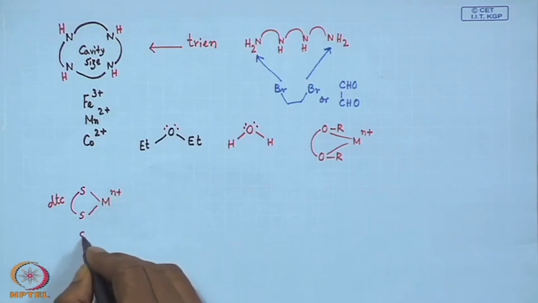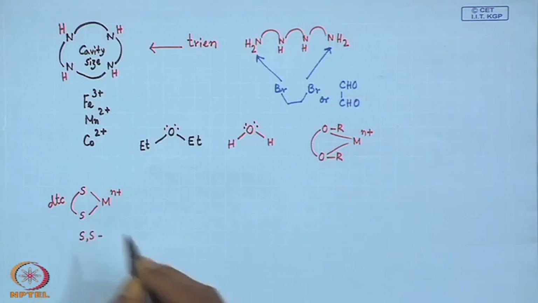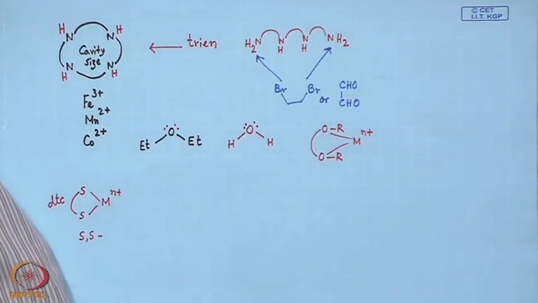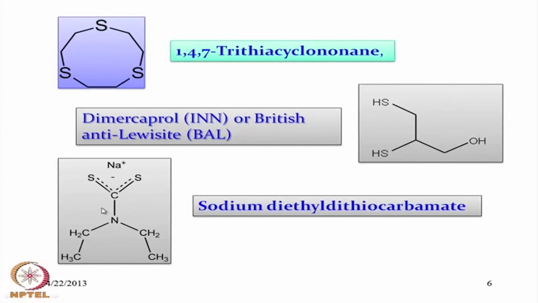So, SS bidentate ligand is our diethyl dithiocarbamate, and this diethyl dithiocarbamate can further be categorized by binding to different metal centers.